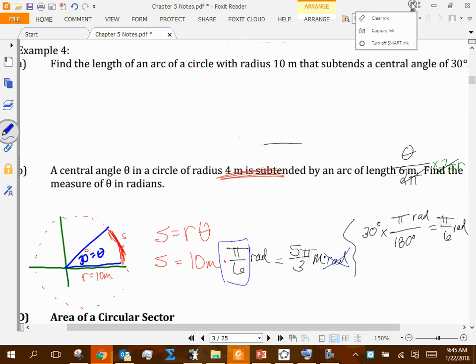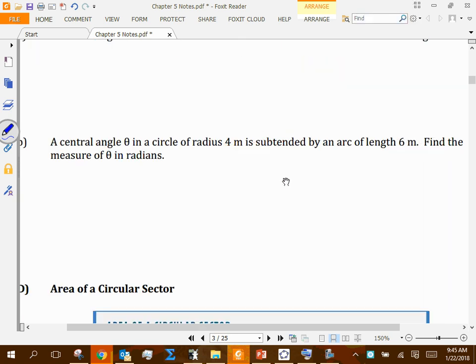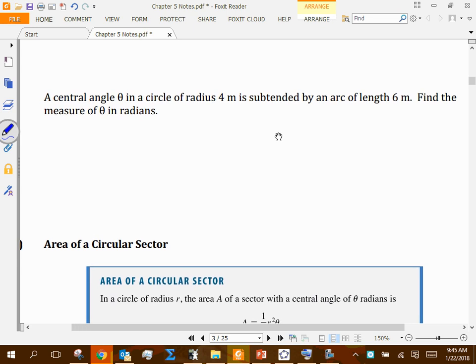The next question is a similar type thing. But now we've got the formula S is equal to R theta. And just like any other formula, if I have multiple components in my formula, we should be able to solve for any one of those components. S is the component that we usually solve for.